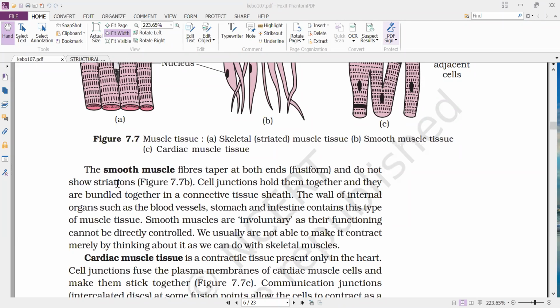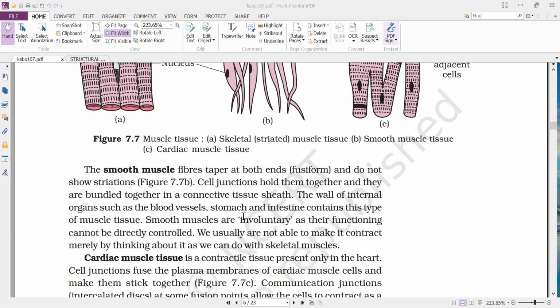Because the muscle layer present in the alimentary canal starting from the esophagus is smooth muscle. Once the food is entered, automatically the peristalsis will start, and once the food is completely digested, the peristaltic movement will stop. Understand?